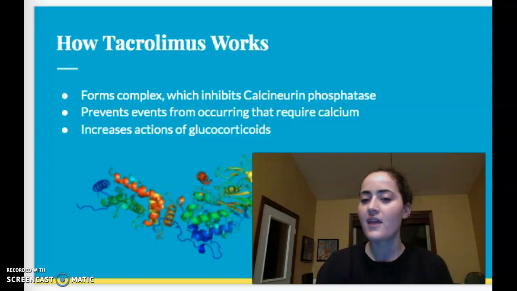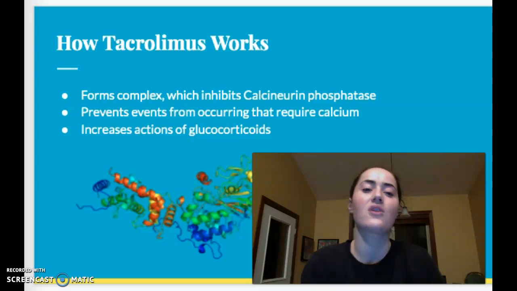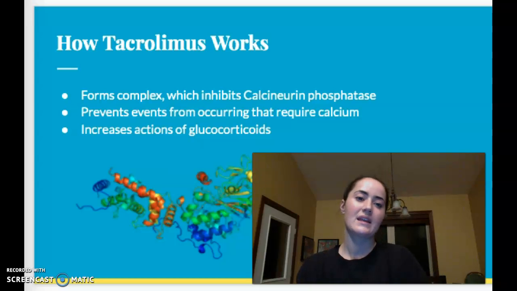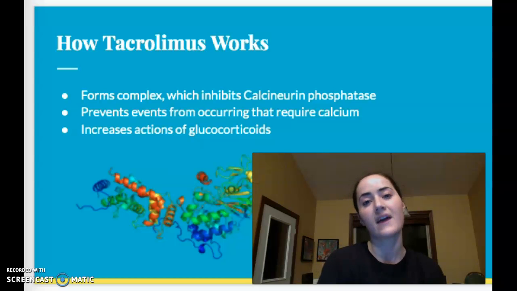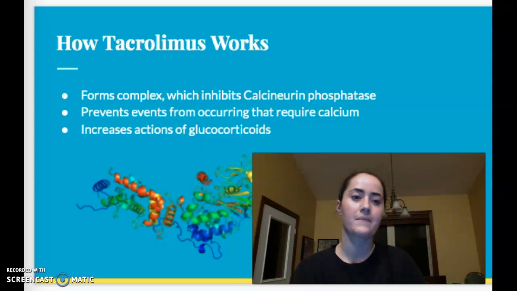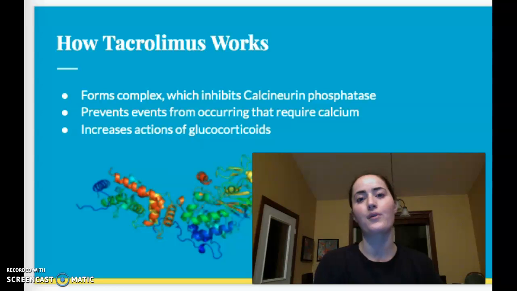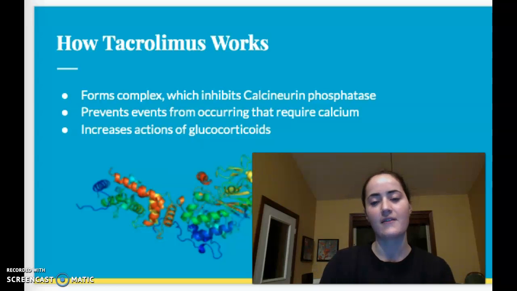Another thing that I thought was pretty fascinating about this specific medication is that it increases the actions of glucocorticoids, which are molecules that work to fight inflammation in the body. In some studies, it's been shown that tacrolimus increases the activity and mechanisms of glucocorticoids, and it does so by binding to a specific site within the hormone receptor complex. So that's how that functions specifically.